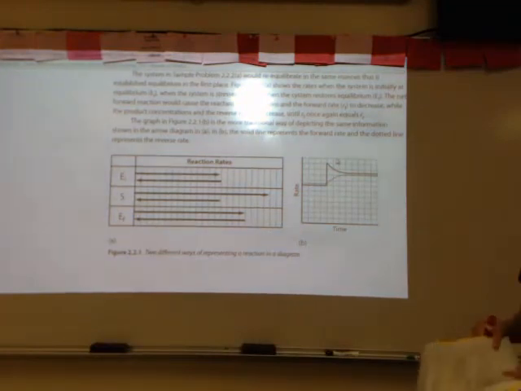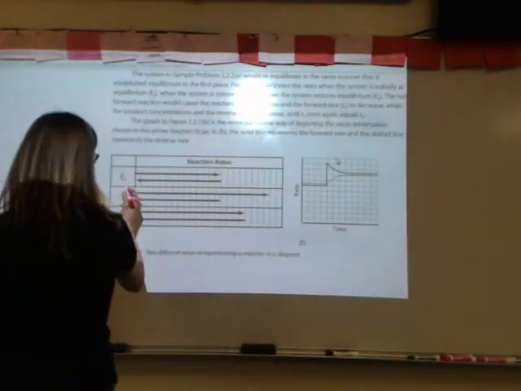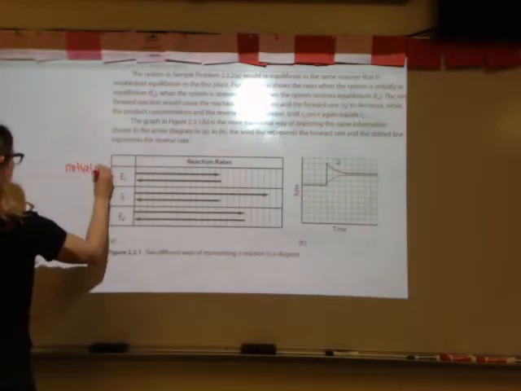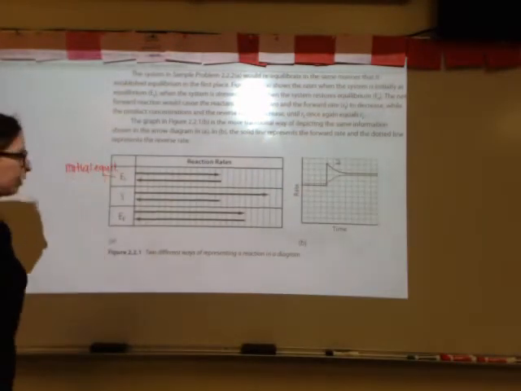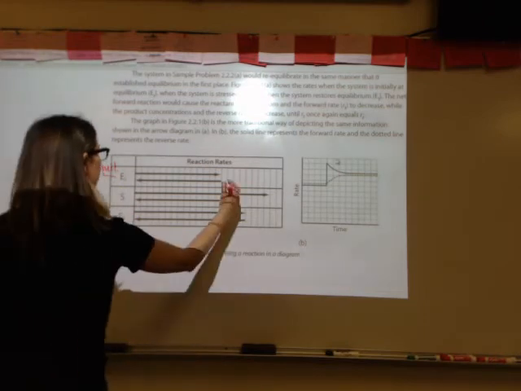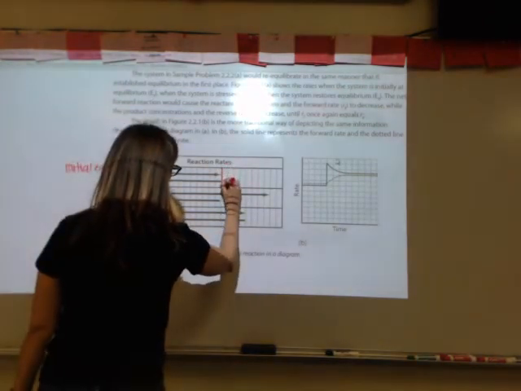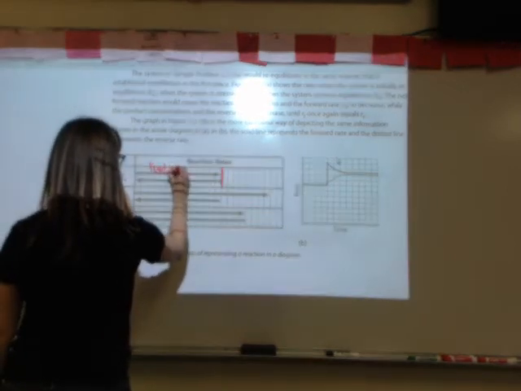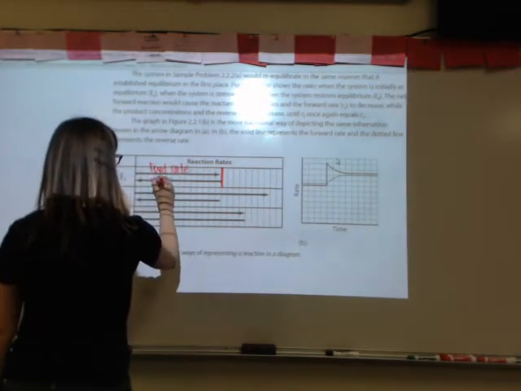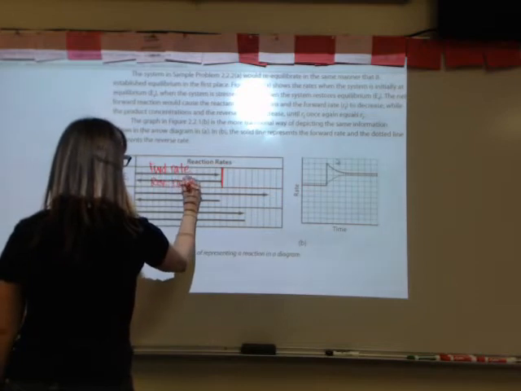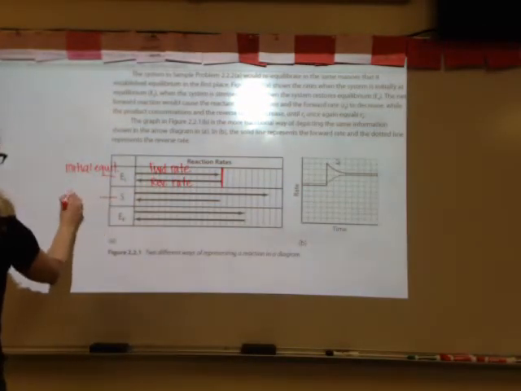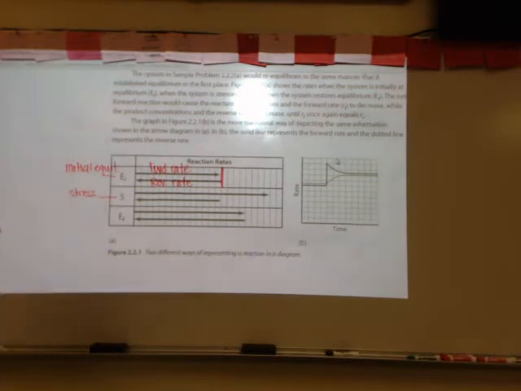So initially, this is my initial equilibrium, this E sub I. The forward rate equals the reverse rate. So this is the forward rate on top, and this is the reverse rate on the bottom, okay? This S stands for the stress that was caused.